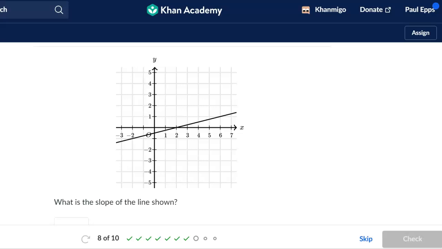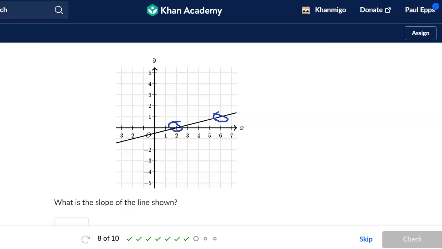What is the slope of the line shown? Well, slope is rise over run, so we'd like to get points that we can see are on the line with integer coordinates. That would make it easier. One point that is definitely on the line is 2, 0. Another point that's definitely on the line is 6, 1.